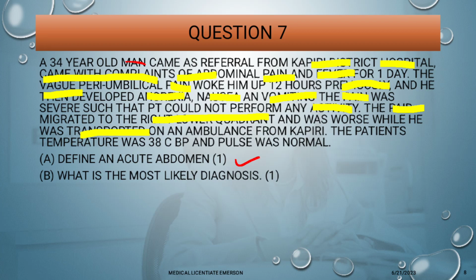Okay, the most likely diagnosis. This patient came in with abdominal pain and a fever for 1 day. Then they had a vague periumbilical pain which woke him up previously. Then the patient could not do any activities, and the pain was migrating to the right lower quadrant, the right side. And the patient also presented with anorexia, nausea, and vomiting.